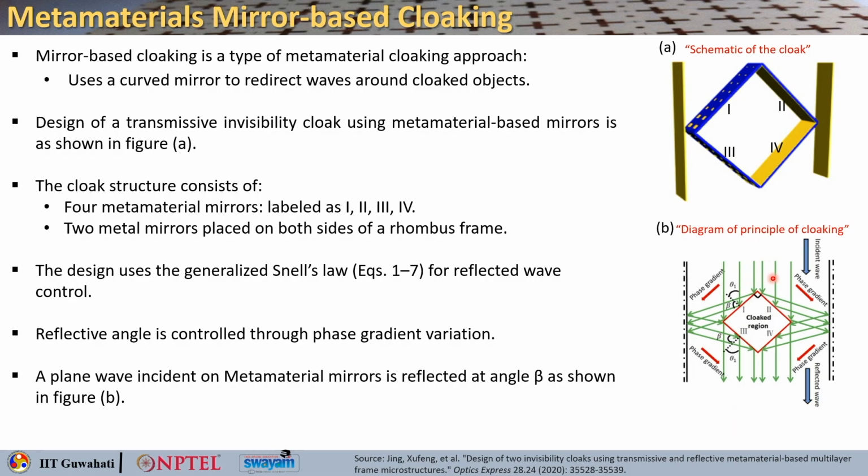So you can consider plane wave incident on this metamaterial mirror. Okay, then it is getting reflected at an angle B, which is again further reflected. Okay, so there are phase gradient along this and this. Finally, your objective is whatever is the incoming wave, after crossing that region you should also get the same kind of parallel incoming wave, okay, or outgoing wave.